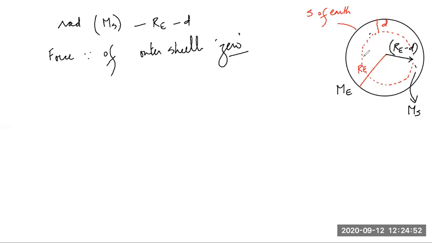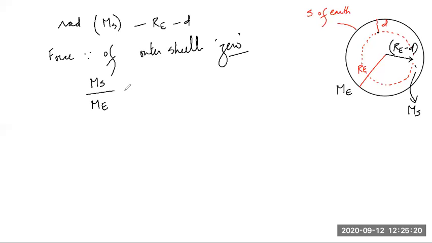So let's go further. There is a force this point P is definitely experiencing because of the mass of the Earth, or a kind of sphere having radius Re minus d. So how much is that? Now students, can we say Ms by Me?